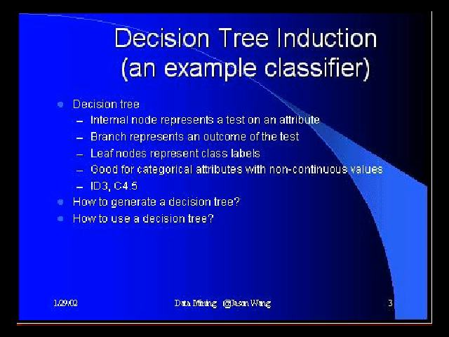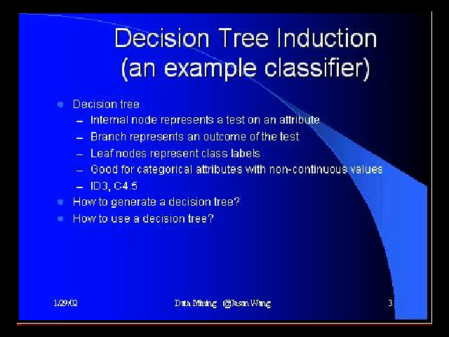ID3 and C4.5 are the most famous decision tree algorithms that have been published in the machine learning field and then later on borrowed by data mining people. These algorithms are very powerful and very useful, as you will see in the next few transparencies.